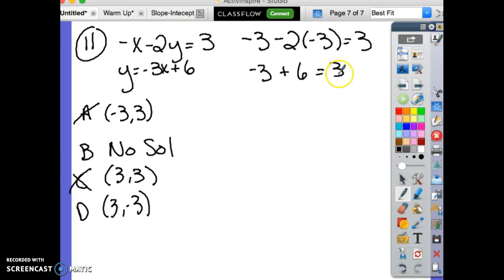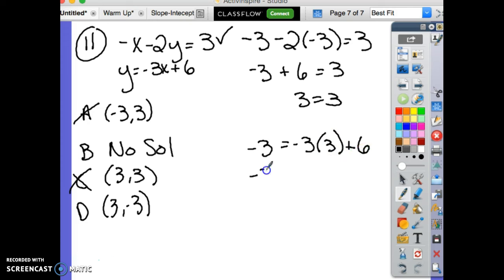Negative 3 plus 6 does equal 3. So this one worked. So now let's try here. So my y is negative 3. My x is positive 3 plus 6. Negative 3 equals negative 9 plus 6. Negative 3 does equal negative 3. So D was my answer.